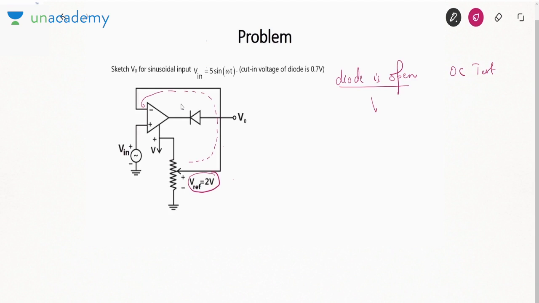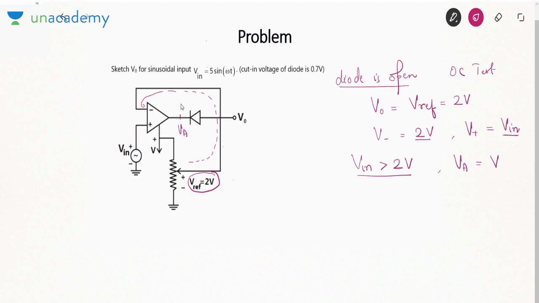So what is V0? V0 is V reference equal to 2 volt. In that case, the negative terminal voltage is also 2 volt and positive terminal voltage is Vin. This is suppose Va. So let us take two cases. Vin is greater than 2 volt. In that case, positive terminal voltage is more than negative terminal voltage.